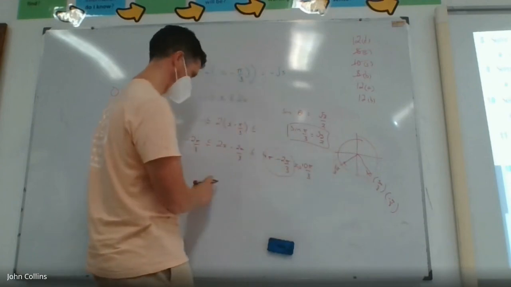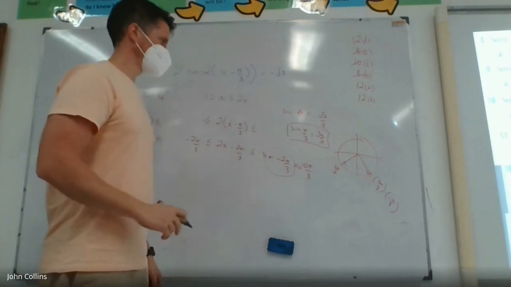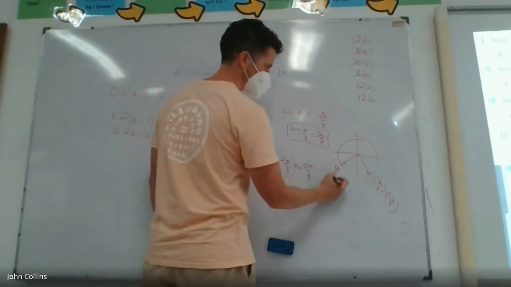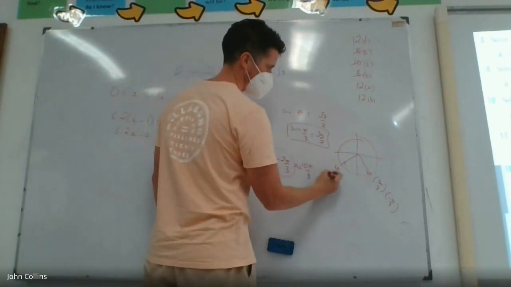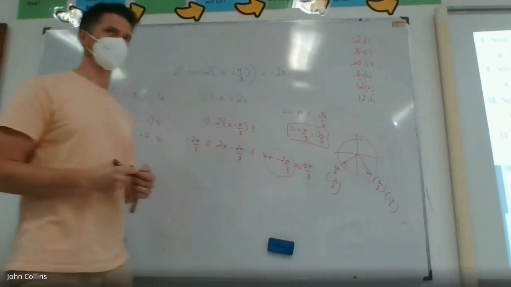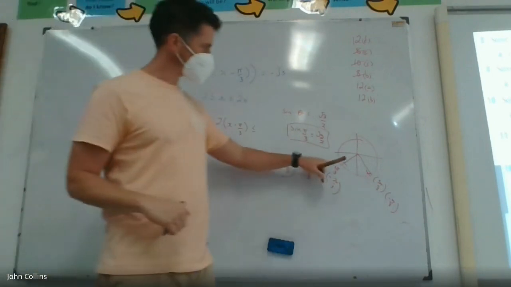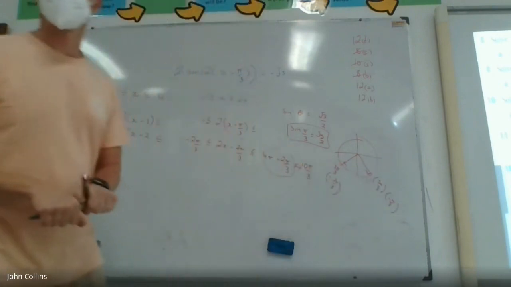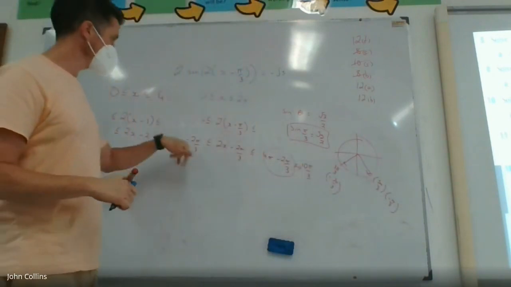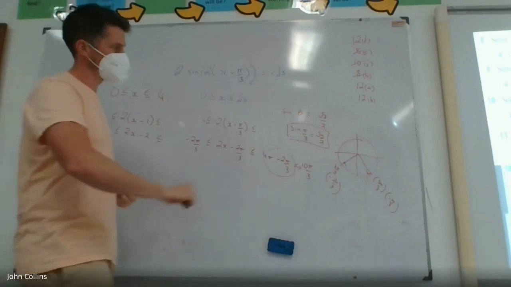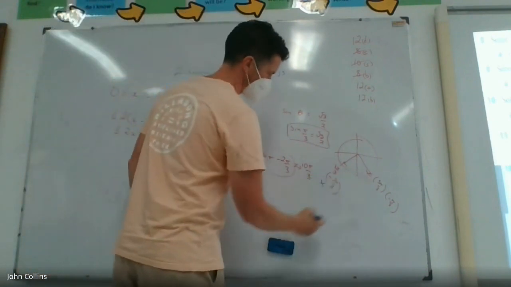Oh, it would be negative. Would it be negative 2 pi over 3? Negative 2 pi over 3 if you're going in the negative direction. I'm just taking away 6 pi over 3 from both those to get that position. All right, I need to start at negative 2 pi over 3. So I start here. Oh, look, that was one of the ones that's included.